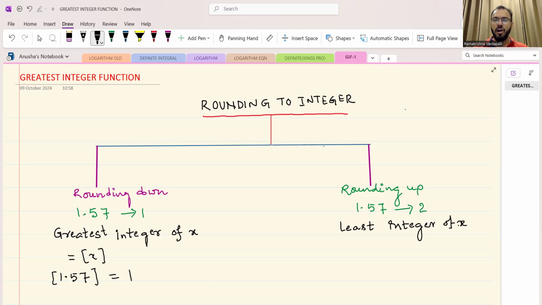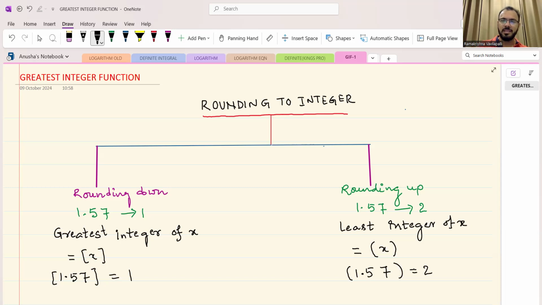The least integer of x is represented like this: x enclosed by open brackets. So if I ask what is the least integer part of 1.7, you have to take the upper integer near to 1.7.